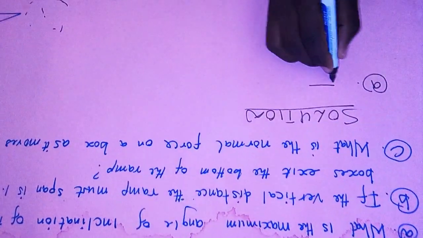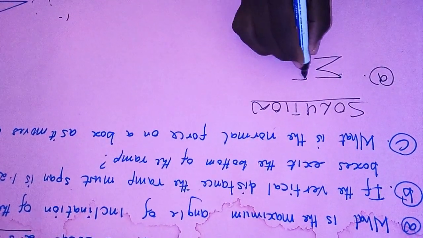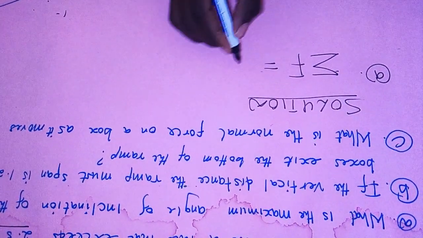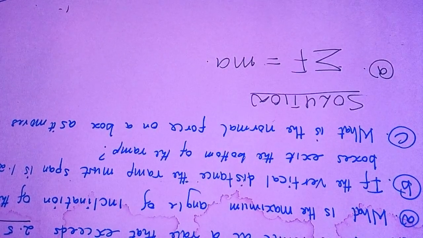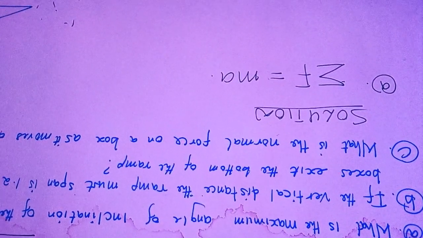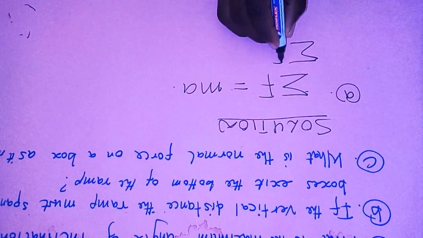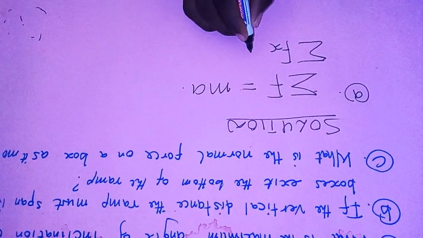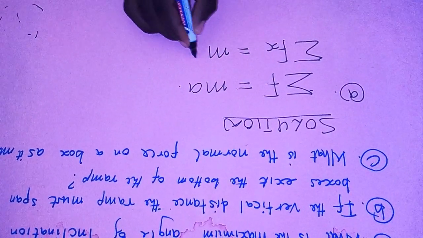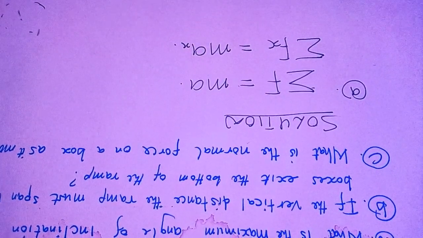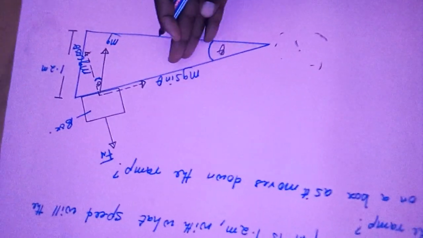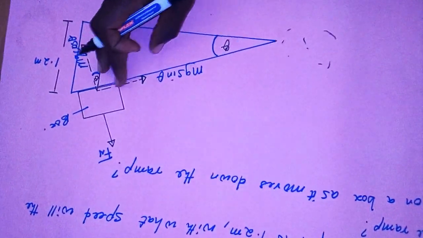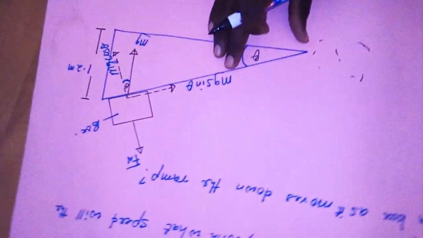So mathematically, Newton's second law of motion is written like that. So now, the summation of forces in the x must equal mass times acceleration in the x. Now we are going to discover that this box is moving in the x direction, meaning the acceleration it's going to have is only in the x direction.